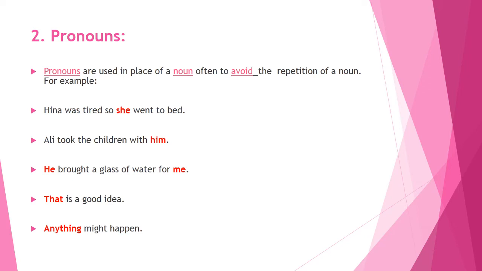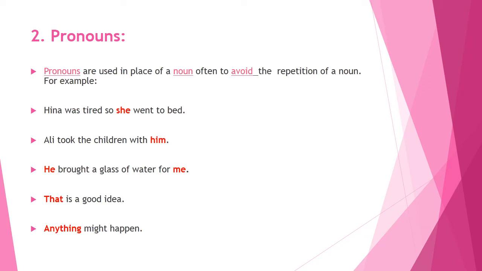That's a good idea. Anything might happen. So from these examples, you can see the words she, him, me, he, that, anything are the words that are used as pronouns.